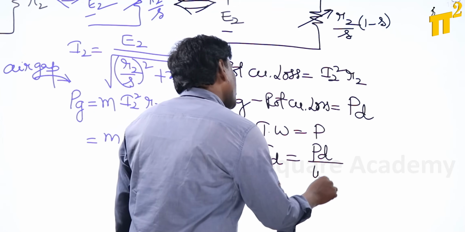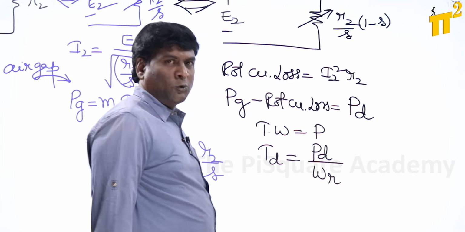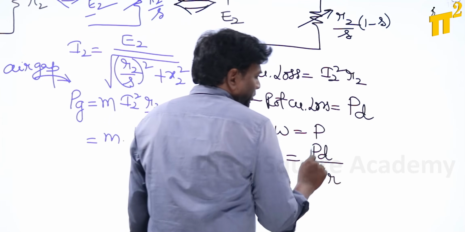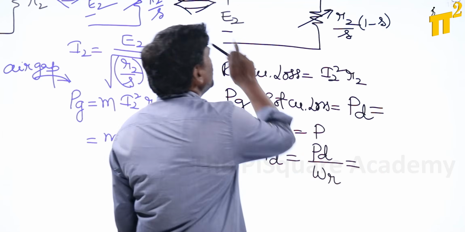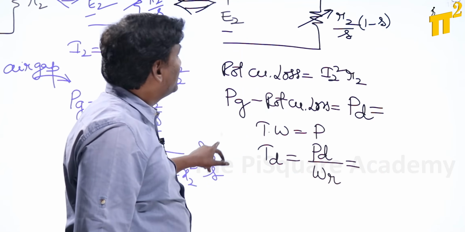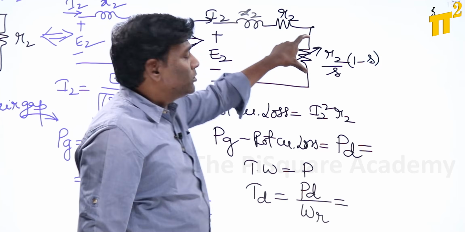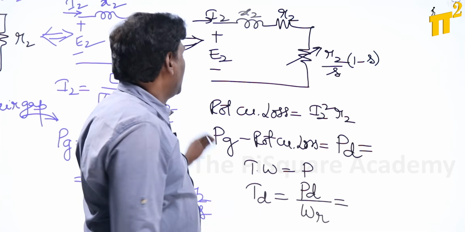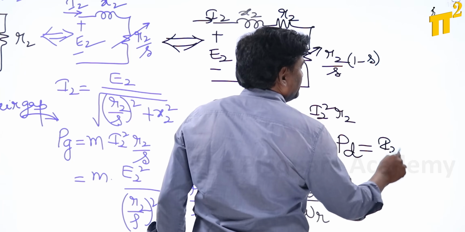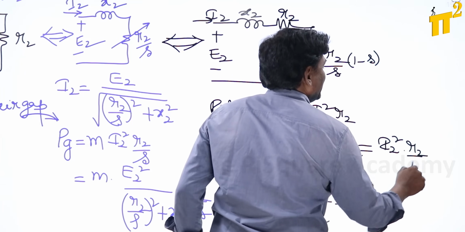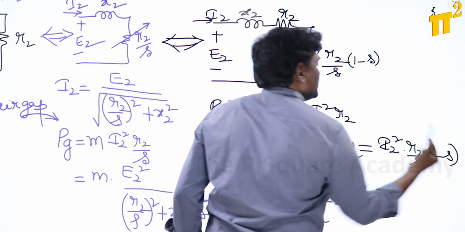It is going to be omega R. Enough. Now let me convert this. What is PD here? PD is going to be I2 squared into R2 into (1 minus S) by S. Now PD is going to be I2 squared into R2 by S into (1 minus S).